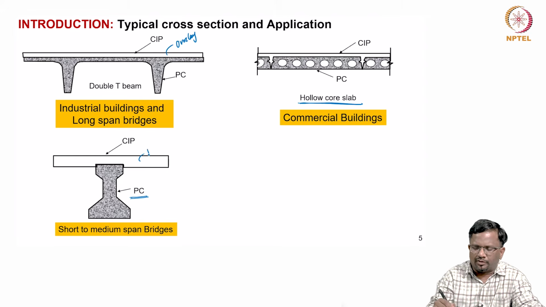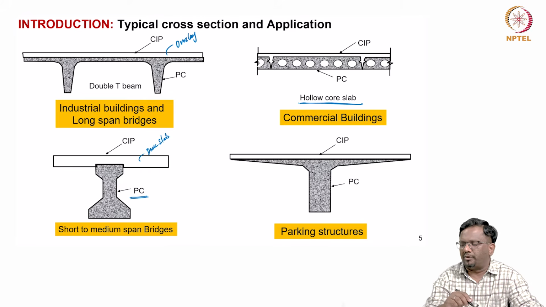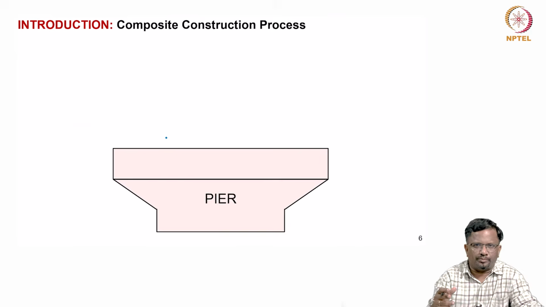So, this is basically a deck slab, right. Then parking structures, again you have this wide flange, T sections are used. On top of that, again we provide cast in place concrete as a overlay to create continuity.